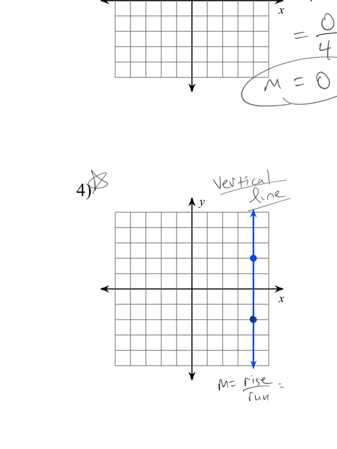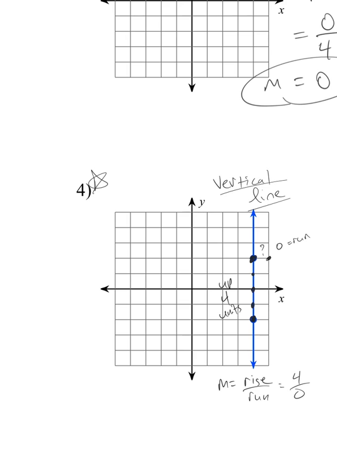Okay, well, rise in this case, you're going to have to go up 1, 2, 3, 4. You go up 4 units. Okay, but the run, you don't need to move right any units. You don't move right at all. So 0 is the run.